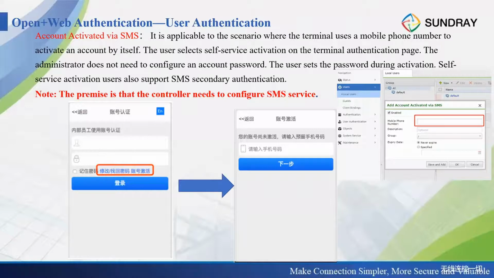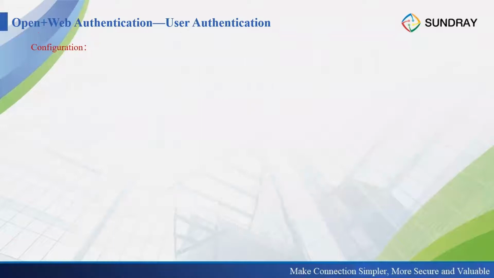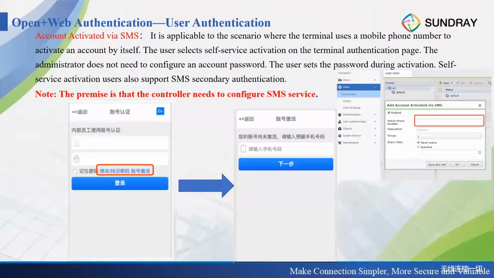So when Tom connects to our Wi-Fi, he needs to input his phone number and get a verification code. After the verification code, he can register an account by himself. In the future, they can log in through that name, or through this phone number.